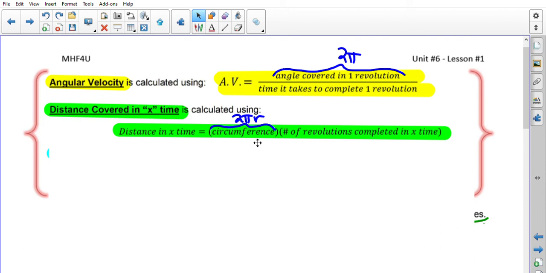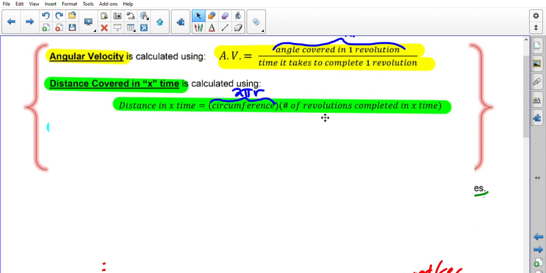If I rotate twice, I've traveled 20. 3 rotations, I've traveled 30. That's essentially the concept here. So you need to know what the circumference is, and then you multiply by the number of revolutions completed in that time, and that will be how far it's traveled. Because it may not travel full revolutions, it may travel 0.3 of a revolution.